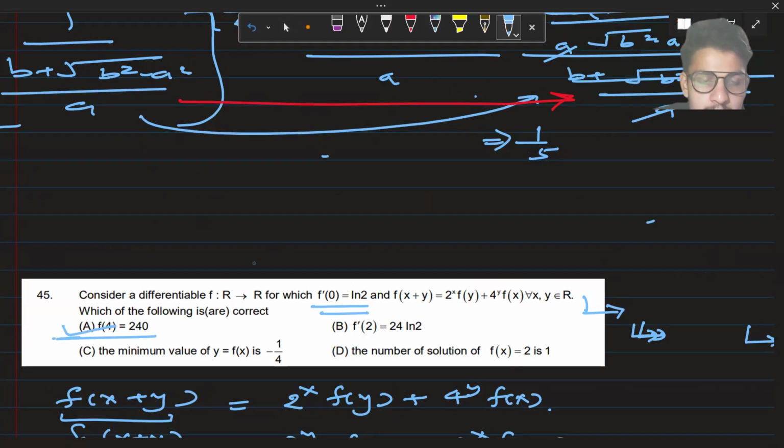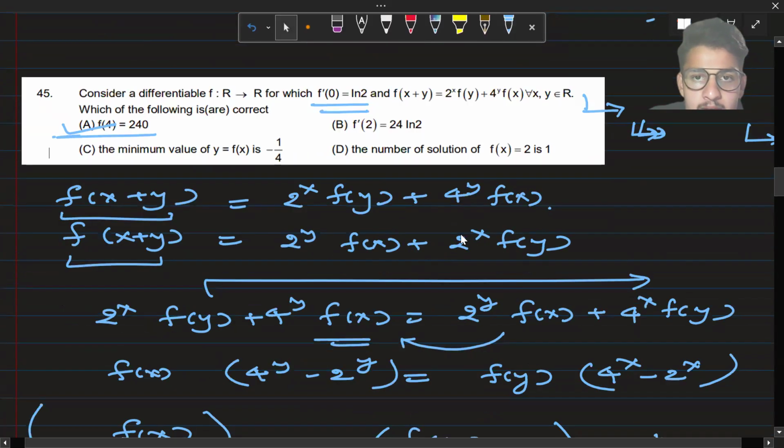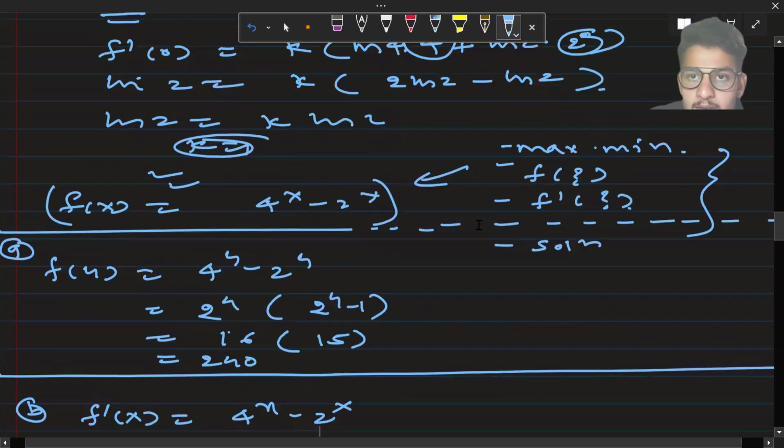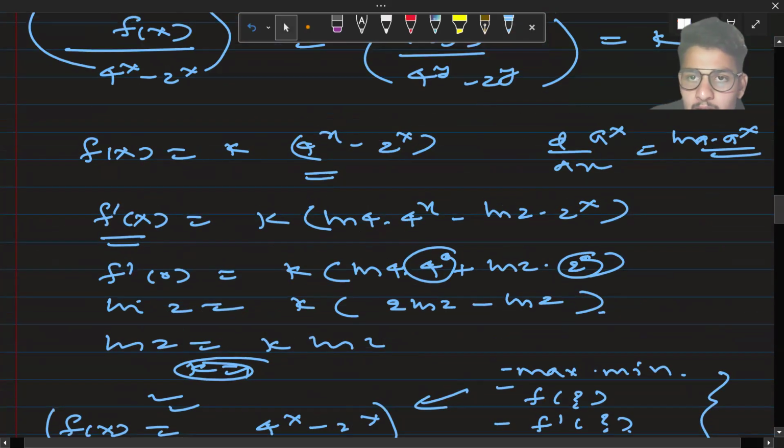Then you will check f dash of 2. How to find f dash? F dash of x, we have previously also seen. I have written it neatly so I can use it. You can see here I have written it.